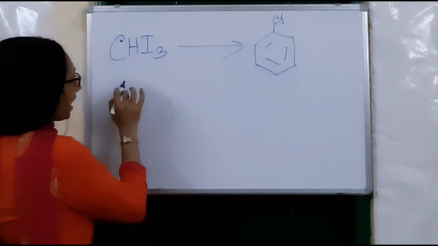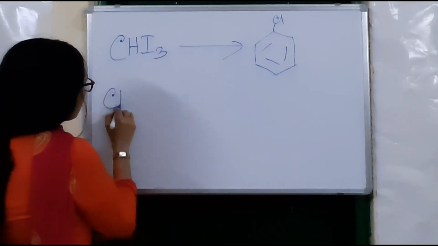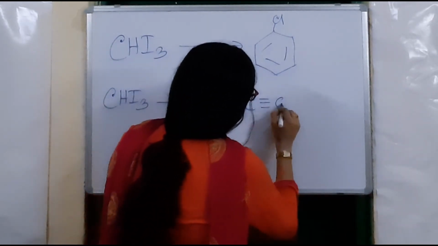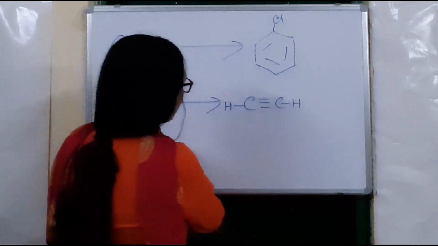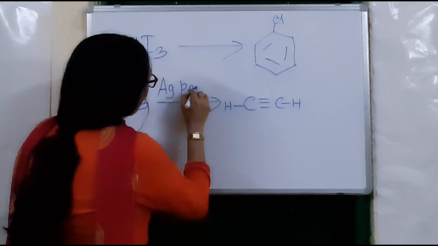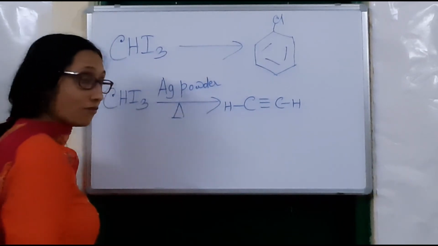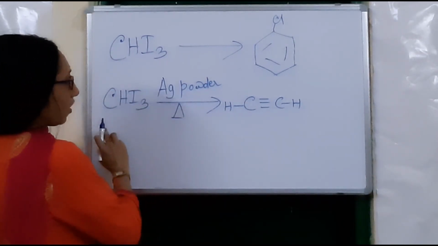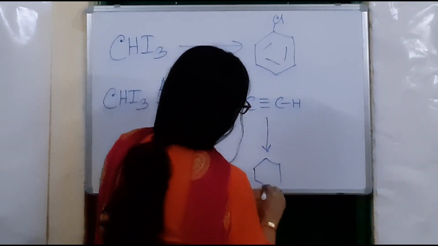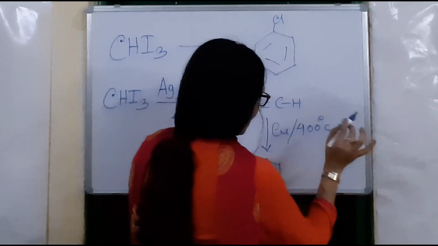Now we will convert iodoform to chlorobenzene. So first we will convert iodoform to acetylene. How to bring about this conversion? We will heat iodoform with silver powder. We have learned this reaction in class 11 in the preparation of acetylene. So iodoform to acetylene. Now acetylene to benzene, a polymerization reaction, with copper at 400 degrees centigrade or copper at 600 degrees centigrade.